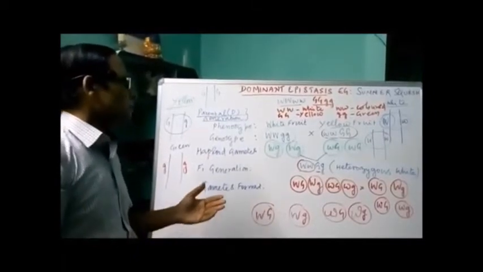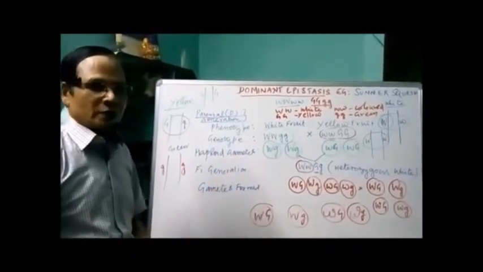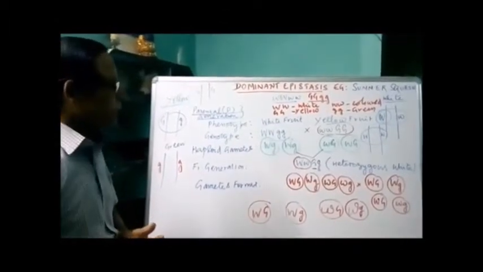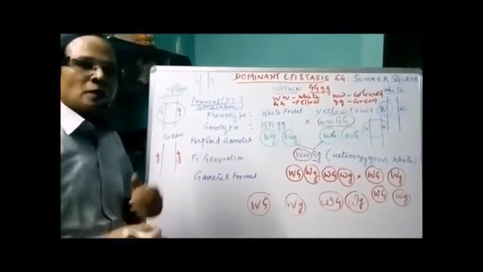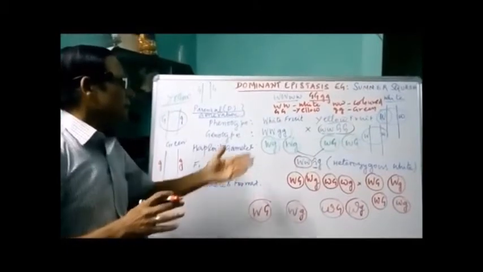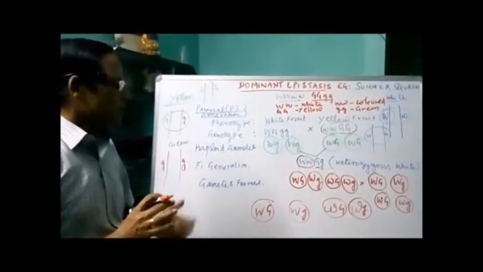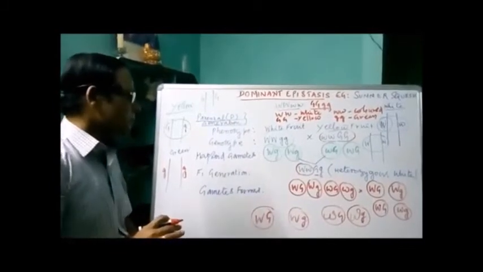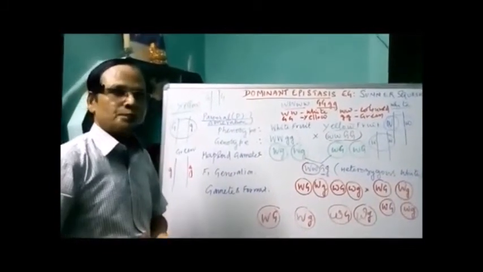What is the phenotypic ratio obtained in the F2 generation? Remember, the dominant letter, that is W for white, is dominant over either yellow or green, that is, capital G gene or small g gene. So it occurs the same in the form of a checkerboard.